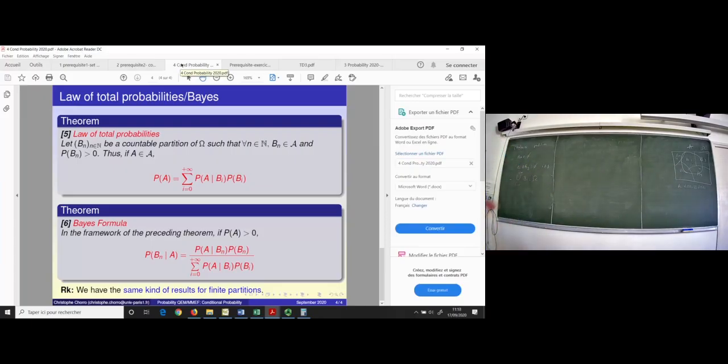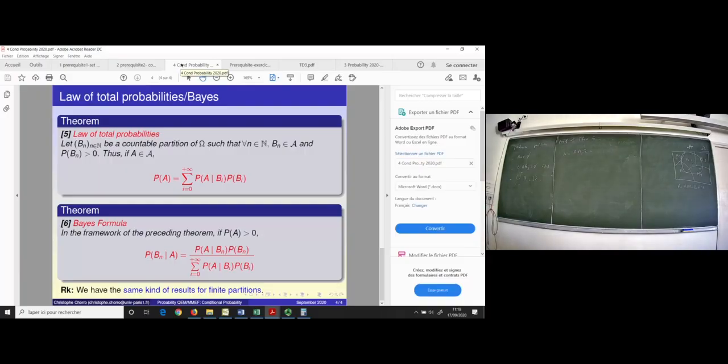So I do the proof of theorem 5. I start from A, the set that interests me. A is equal to A intersected with omega, because A is included in omega.